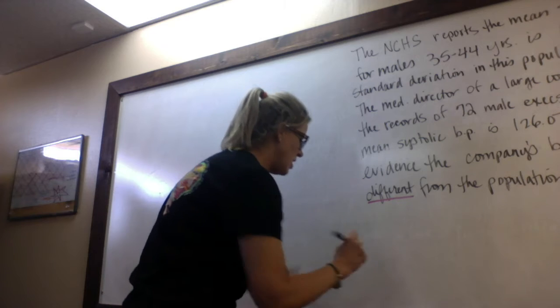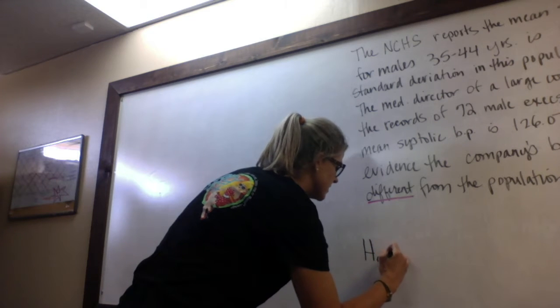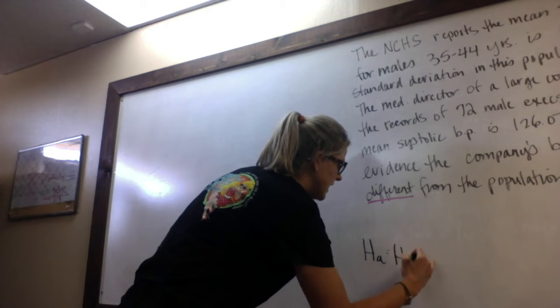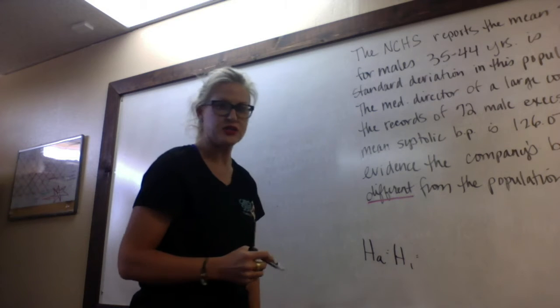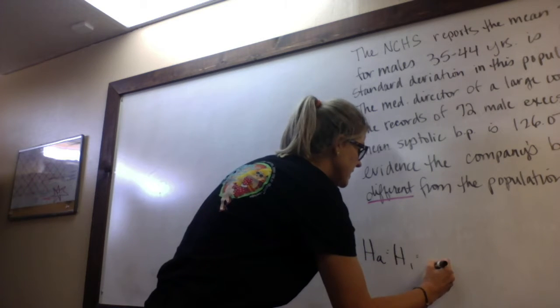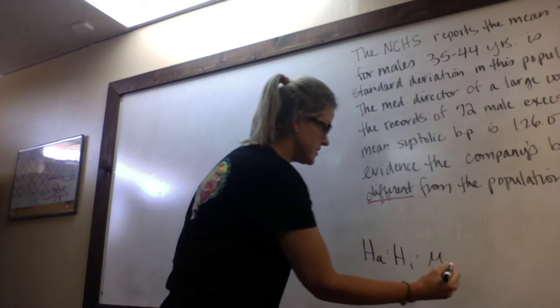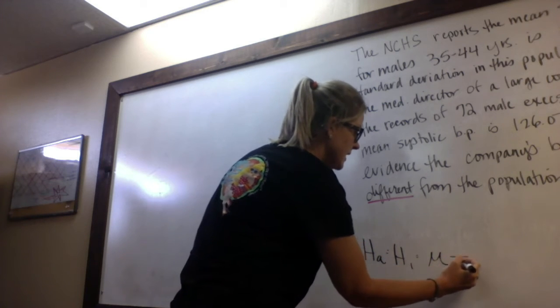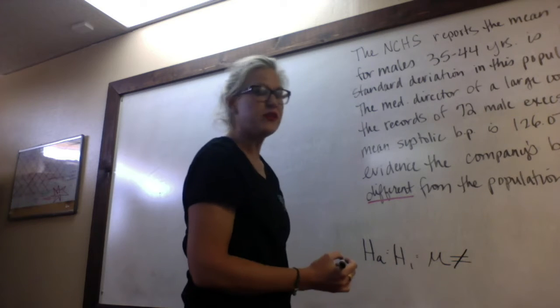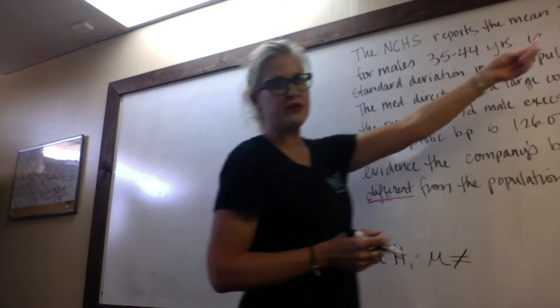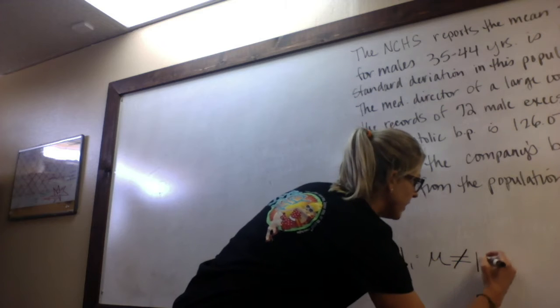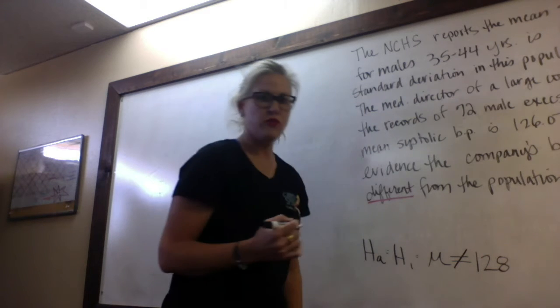The alternative hypothesis, which some instructors call HA and some instructors call H1, is going to be that the mean, and we always use population symbology in hypothesis statements, the mean is different from the value given in the problem of 128.